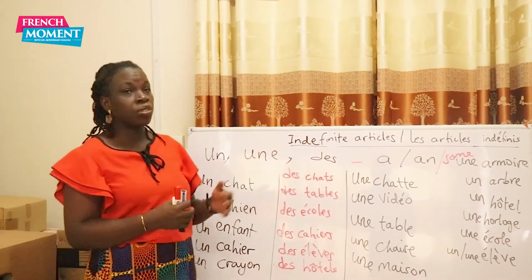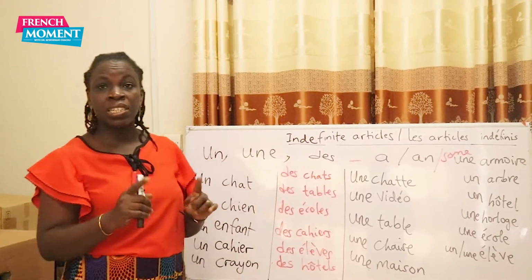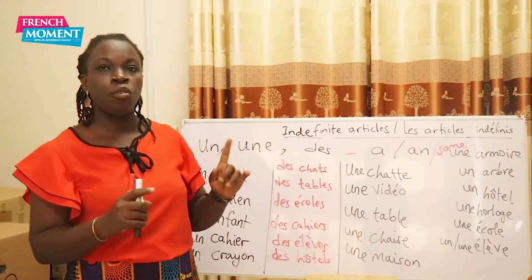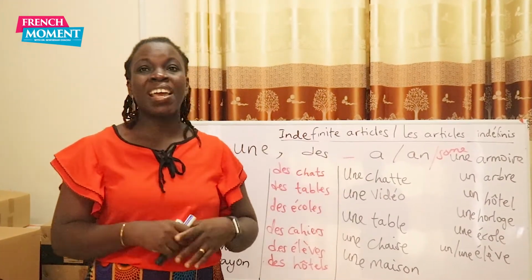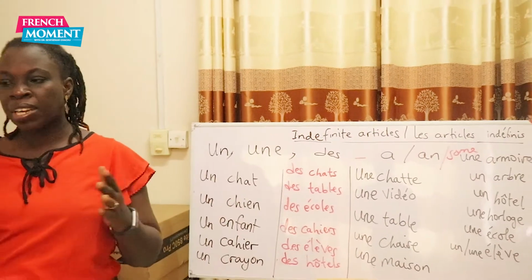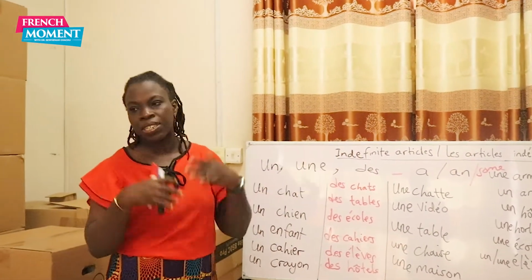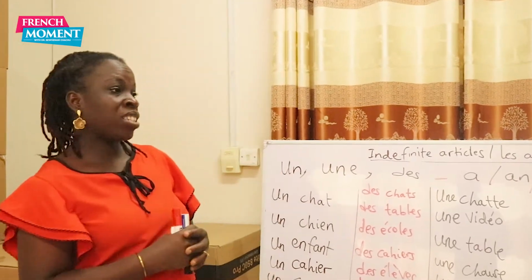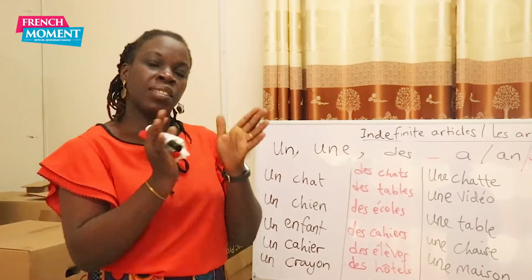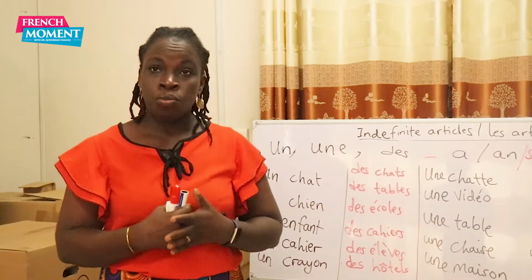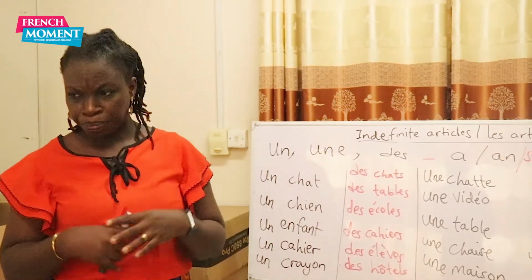Now in English, when you say a book, definitely it is different from the book. When you say a book, it's generic, it's not specific, and that is why it's called indefinite articles. Whilst if you say the book, it is specific and so refers to a particular book.